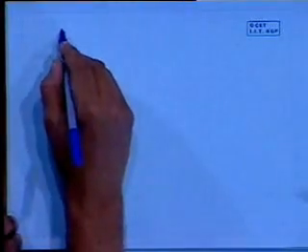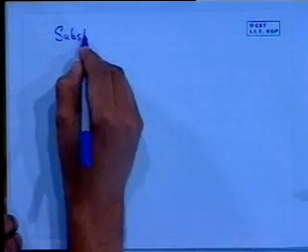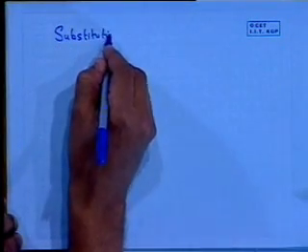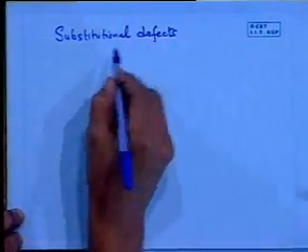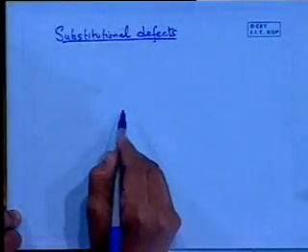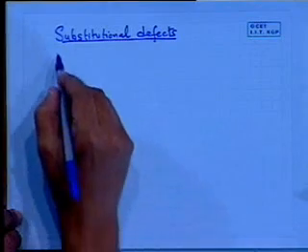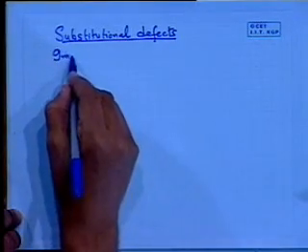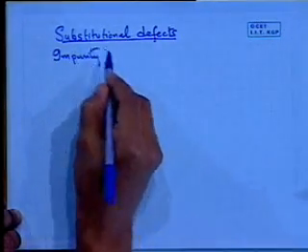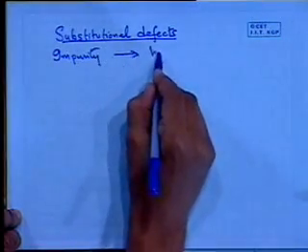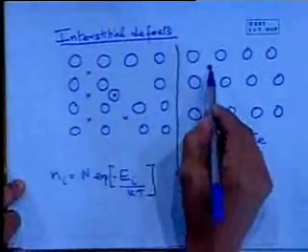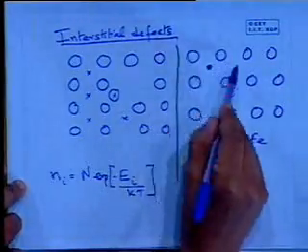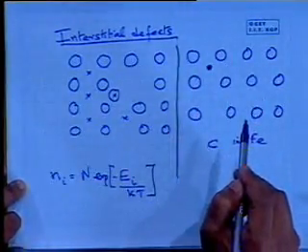The third kind of point defects are substitutional. And in this case, the impurity atom replaces the host atom. All right? In the case of interstitial, I had an impurity, but it did not disturb the positions of the host atoms.